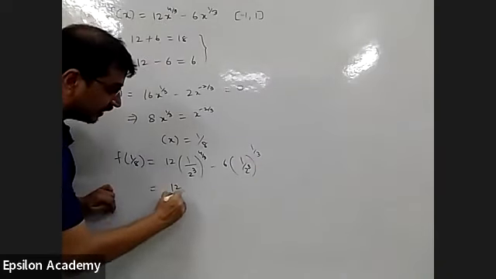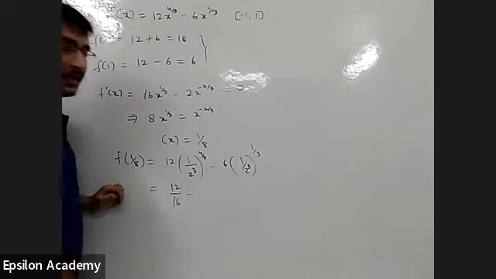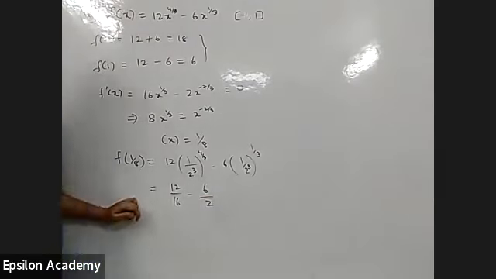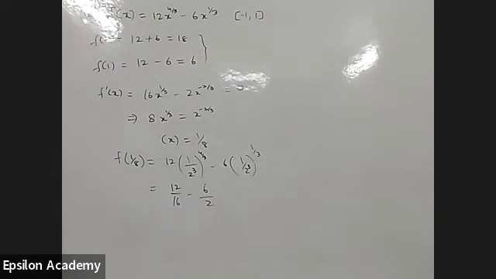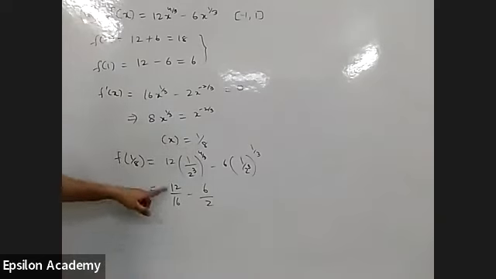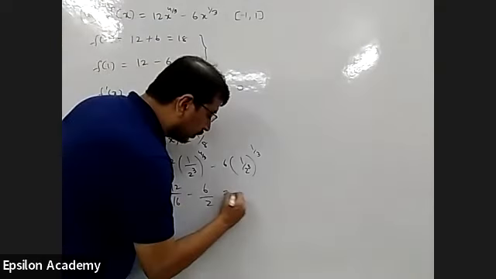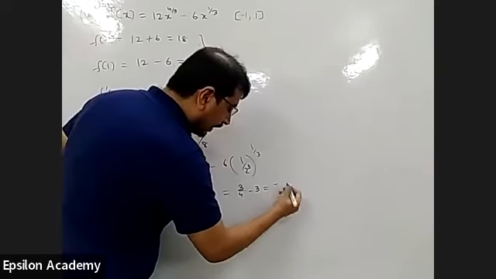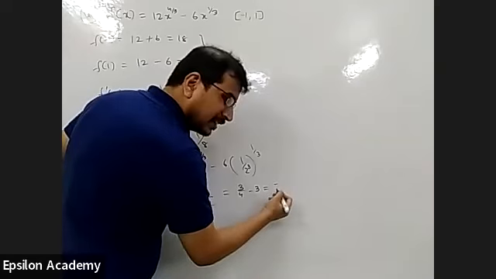So 12 by 16, minus 6 divided by 2. Did you guys understand what I did? 1 power 4 by 3 is 1 only. 2 power 4 by 3 is 2 power 4, that is 16. So 12 by 16 is going to be 3 by 4. So 3 by 4 minus 3. How much is it? Minus 9 by 4.